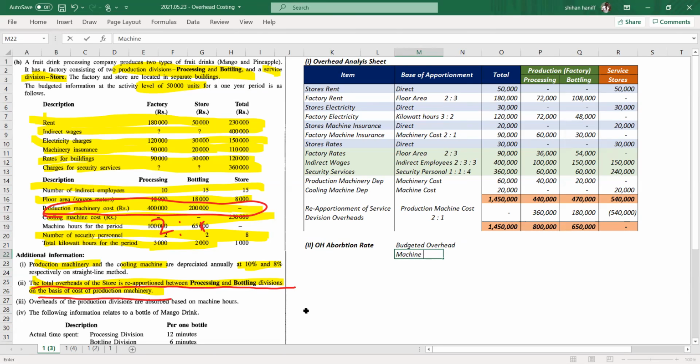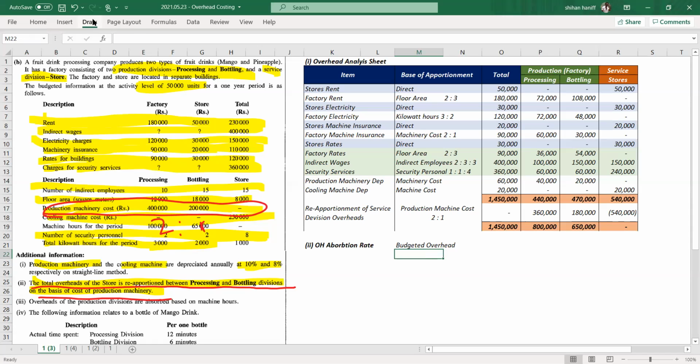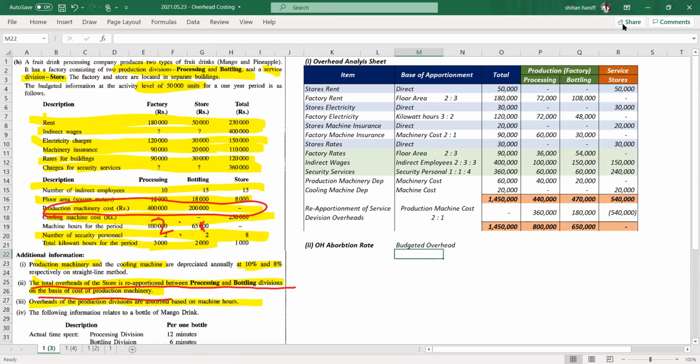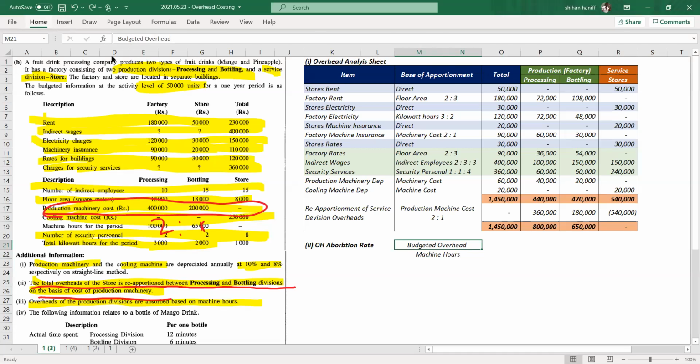Now here the base, they have told: overhead of the production divisions are absorbed based on the machine hours. So the base is machine hours.